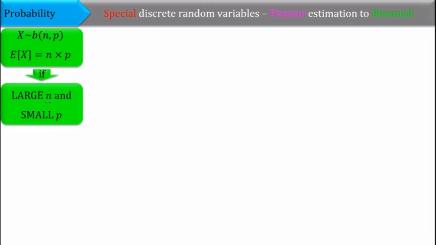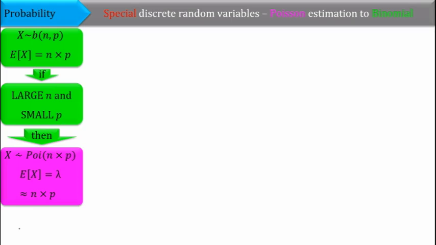Now if n is very large and if p is very small, in other words, if we have a very big sample and the probability of a success is very small, then we can say that X is approximately Poisson distributed where lambda is approximately n times p.